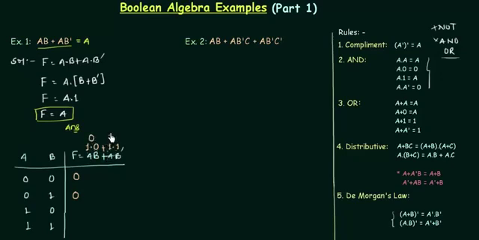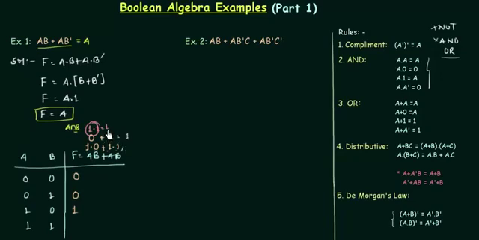1 and 1 will give me 1. OR is there, so we have 0 or 1 is 1. I have told you whenever you OR anything with 1, the output is always going to be 1. So I have 1 here. In the same way, if I see the last case, then we have A as 1 and B as 1. So A and B is equal to 1.